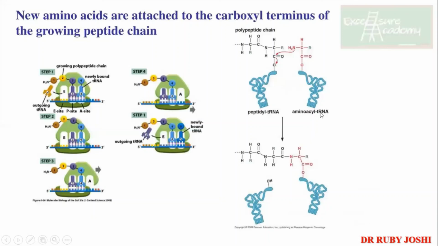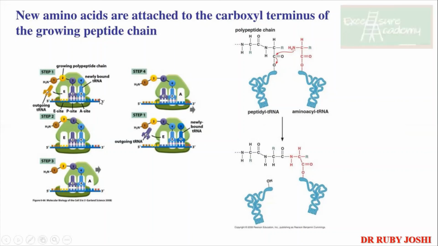Now, this is also an important point. New amino acids are attached to the carboxyl terminus of the growing peptide chain. We know that whenever a peptide bond is formed, it is between the amino terminus and the carboxyl terminus, right? The new amino acid that comes will attach to the carboxyl terminus. Now, if you see the figure, this is just for the brief translation steps.